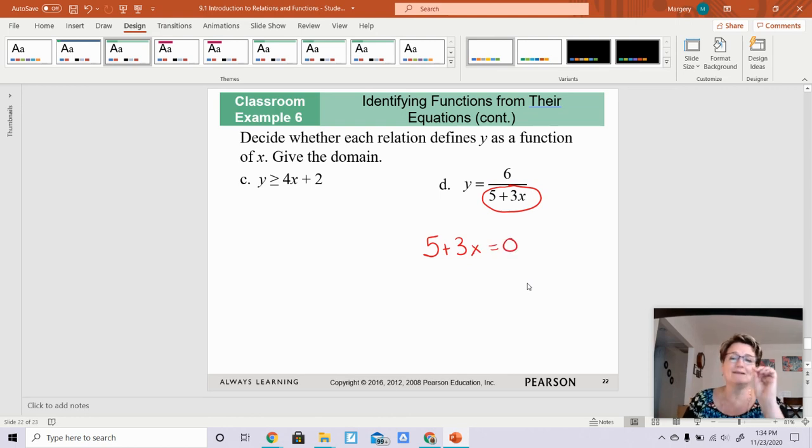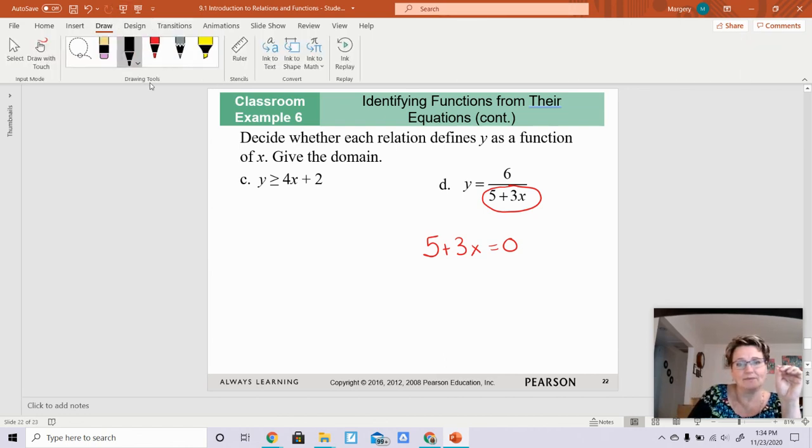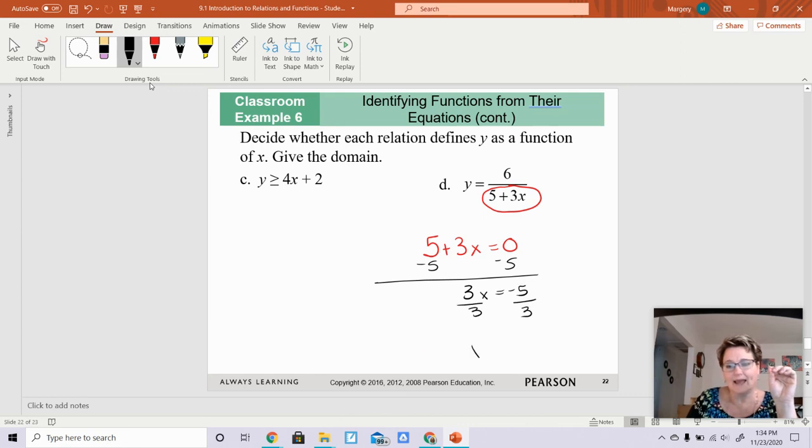The reason why you set it equal to 0 is to remember you can never have 0 in the denominator. So whatever number this turns out to be, it cannot be part of my solution. So I'm going to go ahead and solve it right now. I'm going to minus the 5 from both sides. I get 3x equals negative 5. I'm going to divide by 3, and x is equal to negative 5/3.